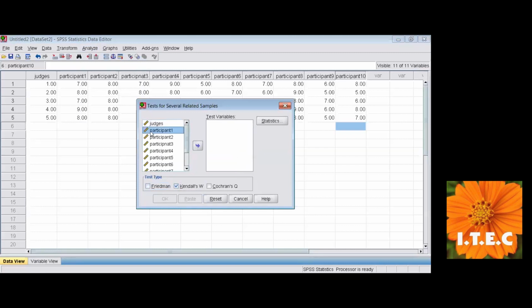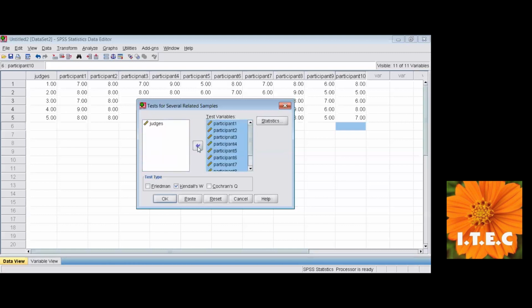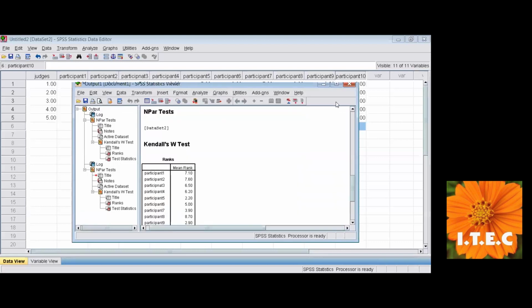And then I have to shift only the participants' rating, not the participants' data, because each judge has rated each participant. So participant data you have to shift. And then you can say, okay, and this becomes your finding.